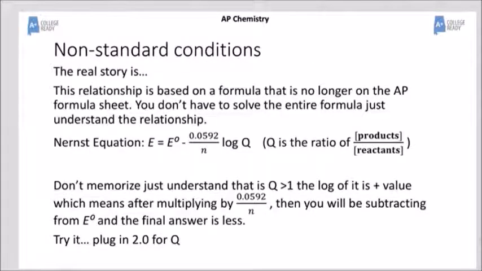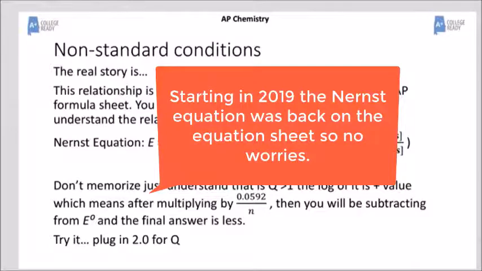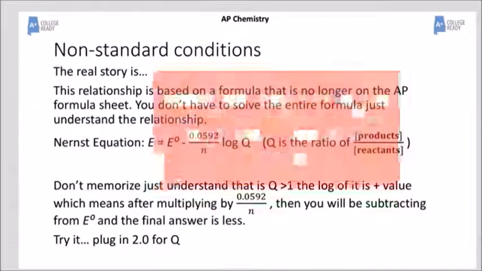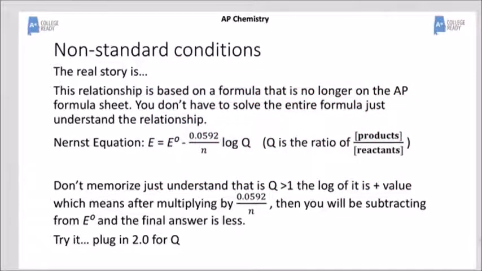Now, where does this really come from? It comes from a formula called the Nernst Equation. It's not on the AP exam anymore, but if you look at this generally, it helps you understand why this ratio is such a big deal. And really the math explains everything on the other slide a little bit better.